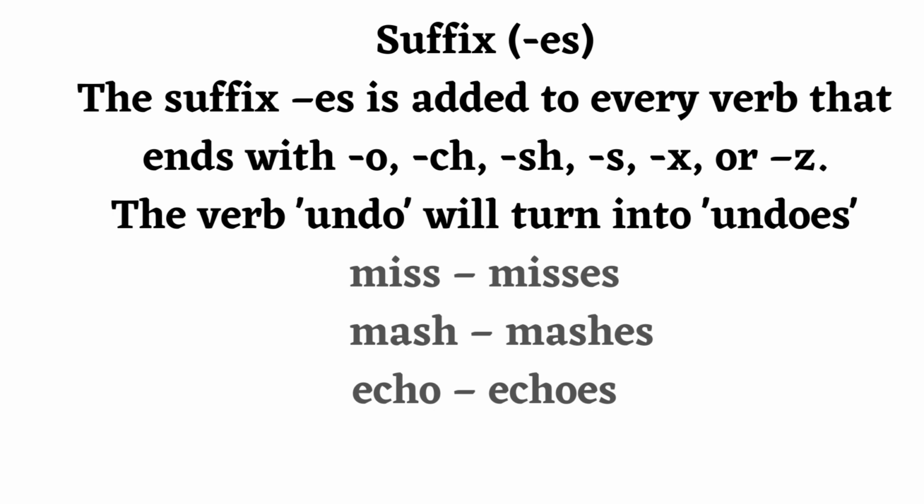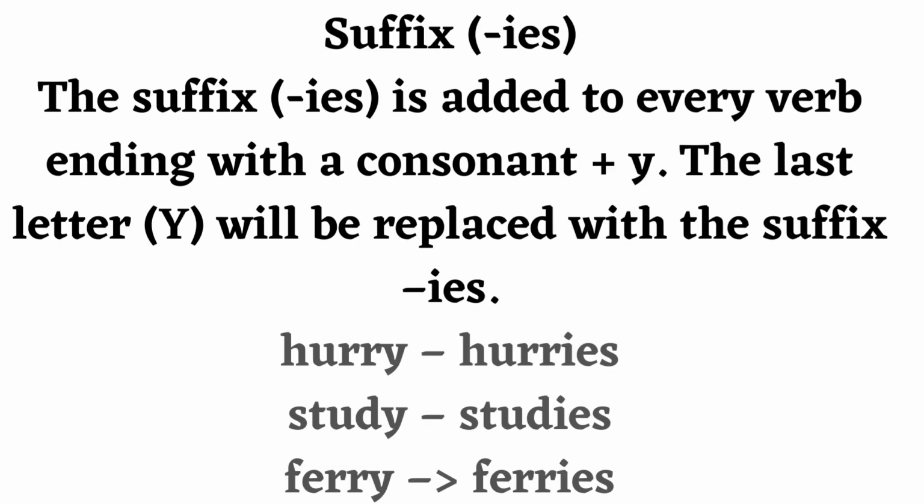For example, the family misses her very much. The mother mashes the baby's food every evening. Let us look at suffix ies. The suffix ies is added to every verb ending with a consonant plus y. The last letter y will be replaced with the suffix ies.